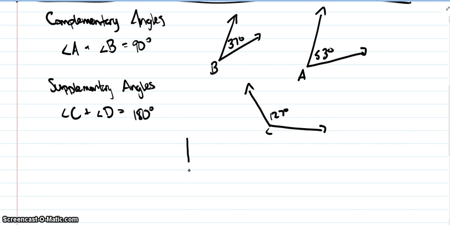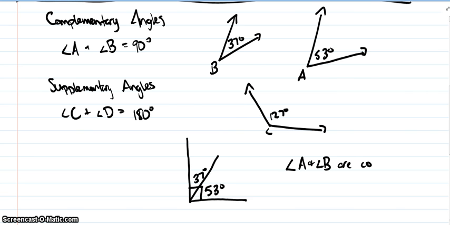So that's going to look like this, and then one will shoot off here, where one was 53 and one was 37, and it's going to form a right angle. So angle A and angle B are complementary.